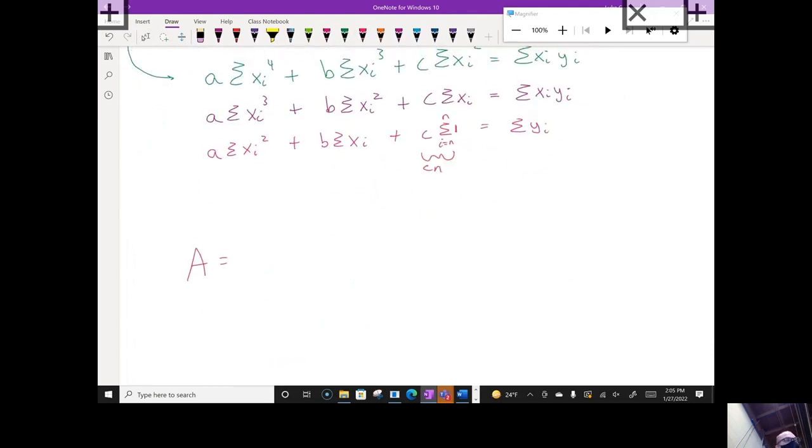Oh, I might need it bigger. So let's write the matrix, and then we'll write where the terms are.